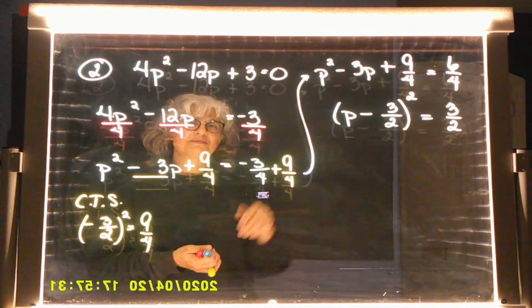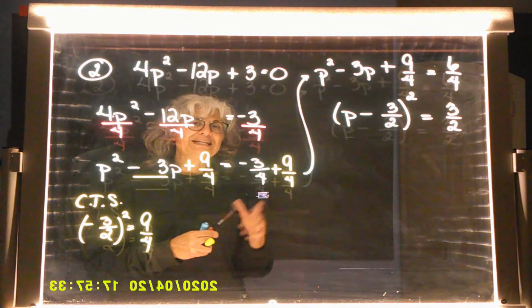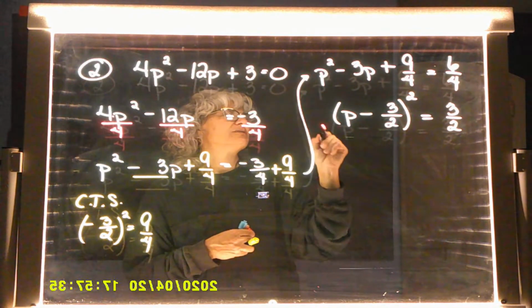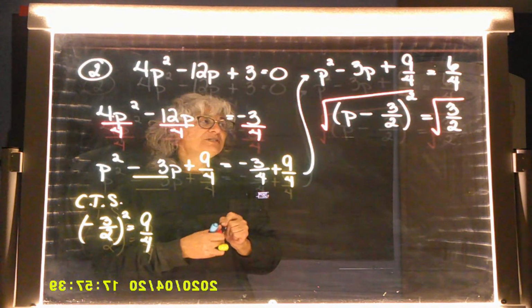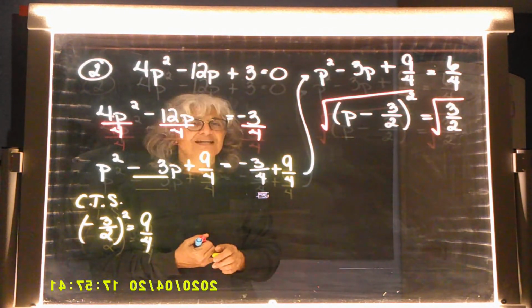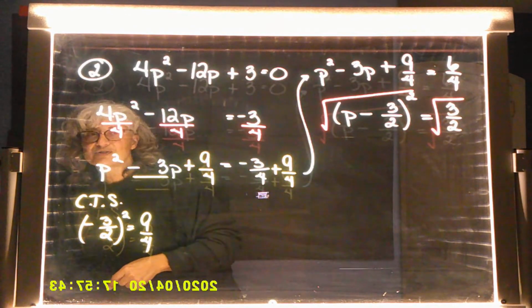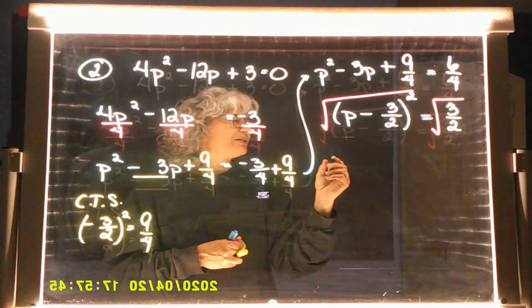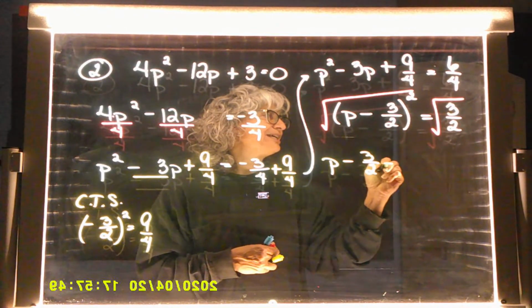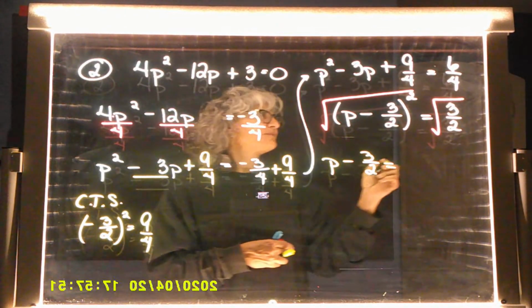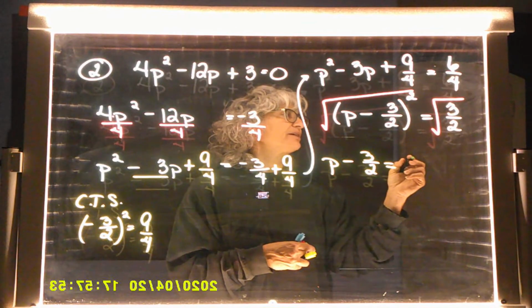So now it becomes like we've done before. We need to square root both sides, don't we? Which means we're going to get how many answers? Good, 2 answers. So one answer is going to look like p minus 3/2 equals, that's right.